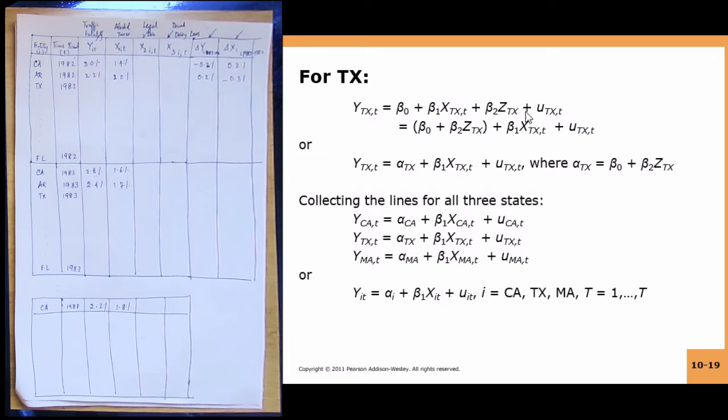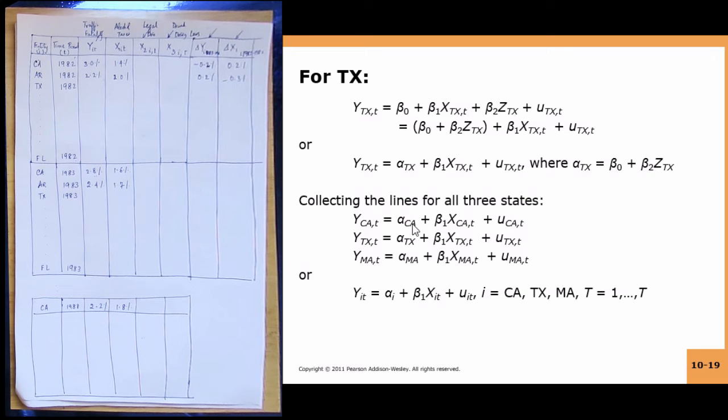Now again you take the constant terms, beta 0 plus beta 2 Z_Texas, and take them out, and you have plus beta 1 X_Texas,t plus u_Texas,t. So Y_Texas,t has a new coefficient which is specific to Texas, hence it is denoted by alpha_Texas plus beta 1 X_Texas,t plus u_Texas,t.